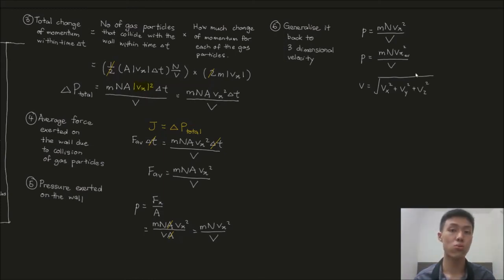That is how you get the magnitude of the velocity of all the particles. The magnitude of velocity, which is speed: you take the x component squared plus the y component squared plus the z component squared, sum them together, put a square root, and that will be the magnitude of the velocity of that gas particle itself.